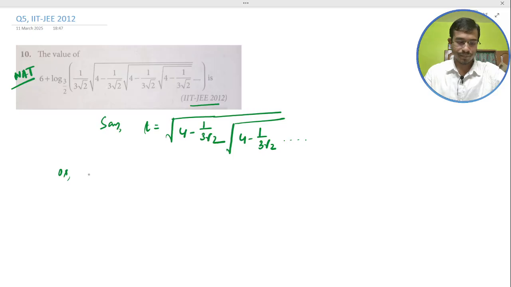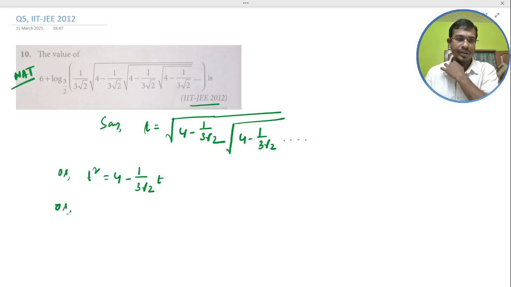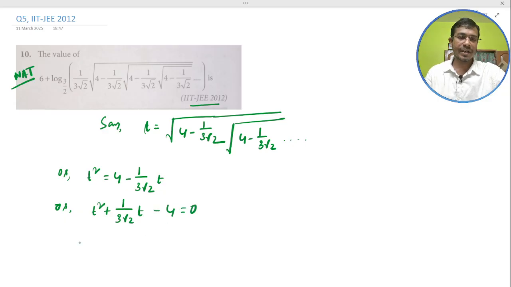That is, t square is equal to 4 minus 1 by 3 root 2 into t. Simple. That is t square plus 1 by 3 root 2 t minus 4 equal to 0. This is basically a quadratic equation. Solve, you would get the value of t.